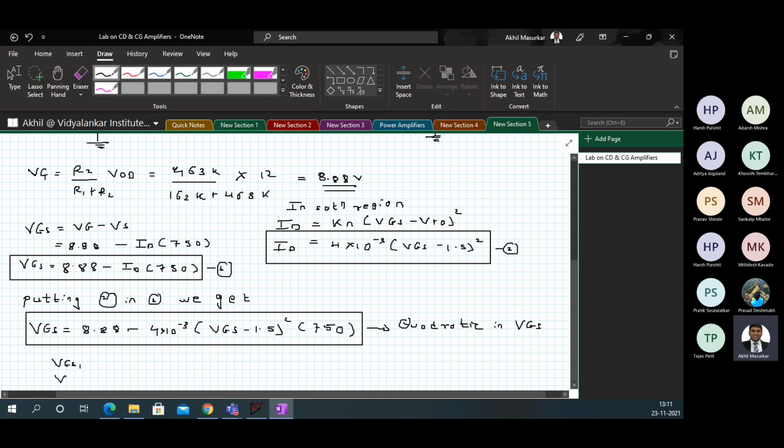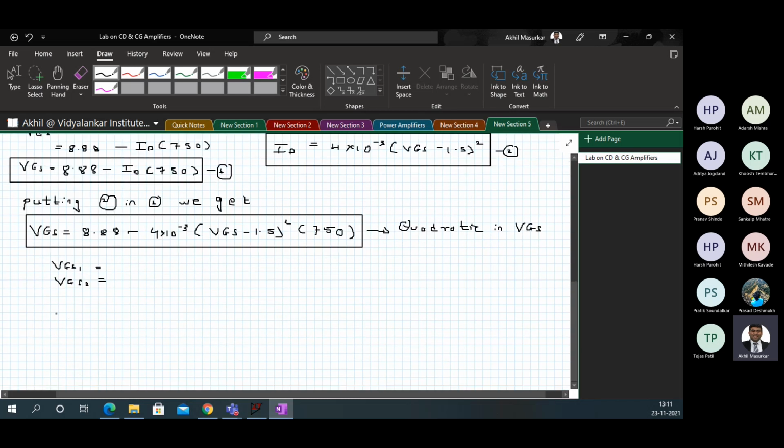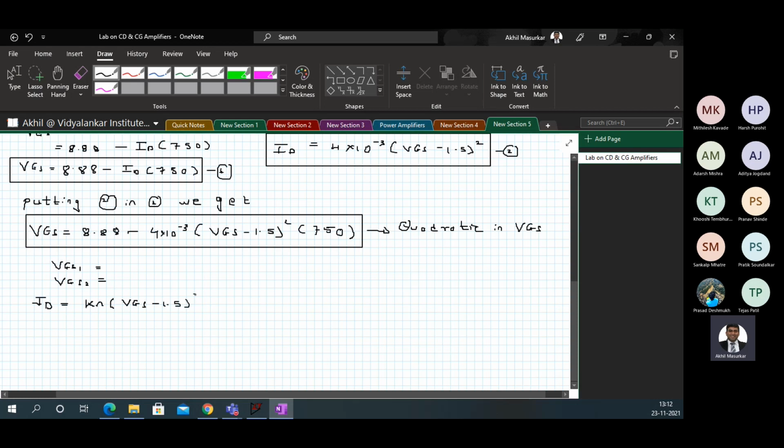VGS1 will be one value, then we'll have VGS2. Whatever values we get, you tell me, and then I will substitute in the value of ID. So ID will be Kn into 4 into 10 raised to minus 3 into whatever is the value of VGS minus 1.5 the whole square.